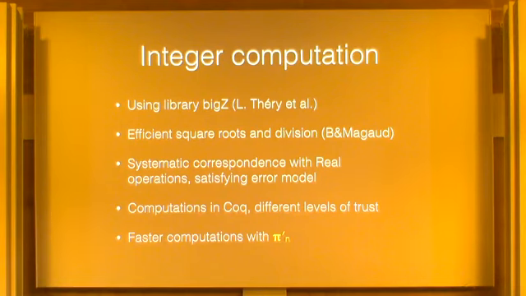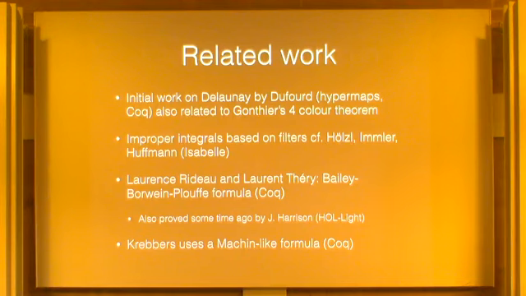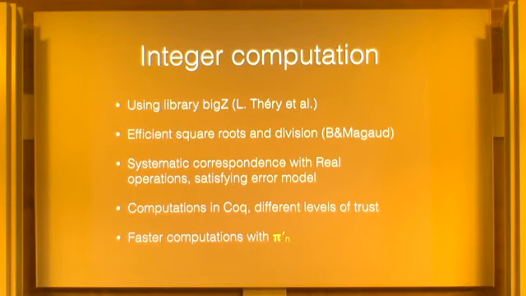For this data type, what I'm using is a formal algorithm to compute square roots efficiently that was described in a paper that we published in 2003, and that was implemented on the data structure of BigZ by Voronoi and his colleagues.